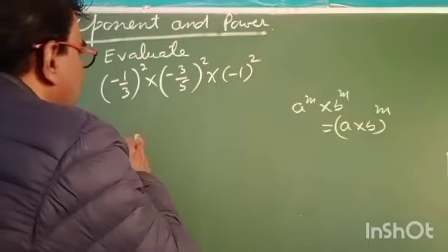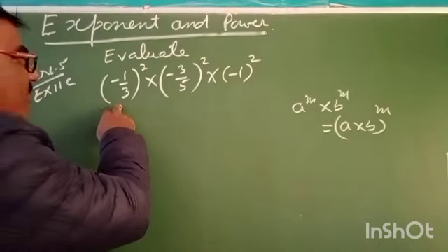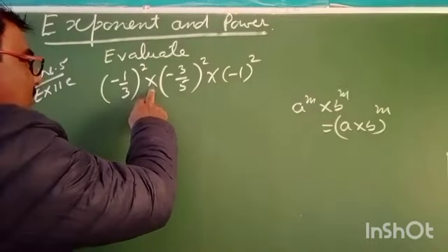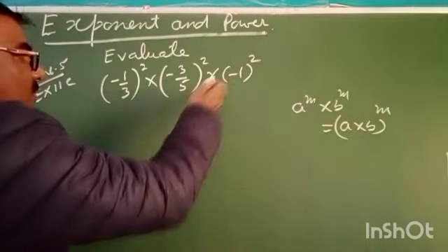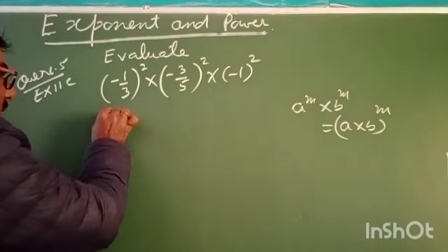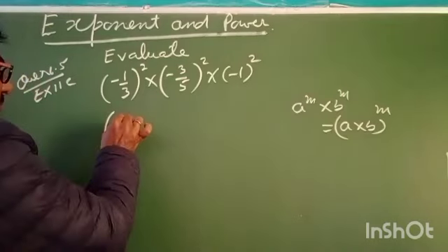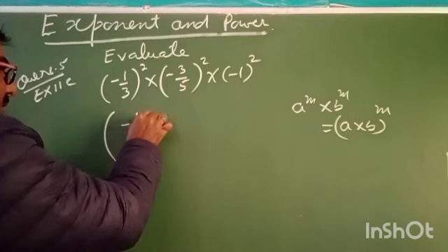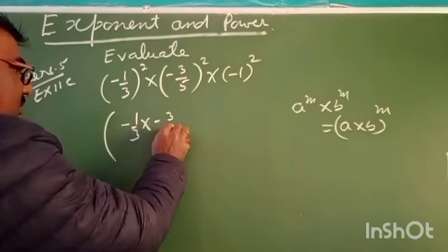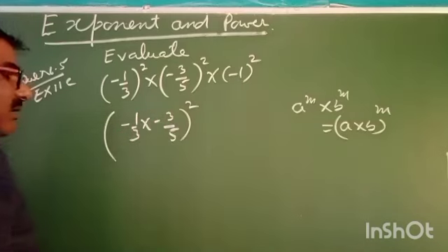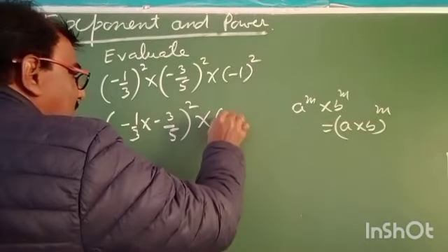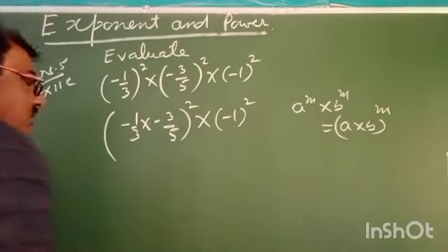Dear students, I see here that we have (minus 1 by 3) whole square multiply (minus 3 by 5) whole square. So, according to this law, we can write (minus 1 upon 3 multiply minus 3 upon 5) whole square multiply (minus 1) whole square.